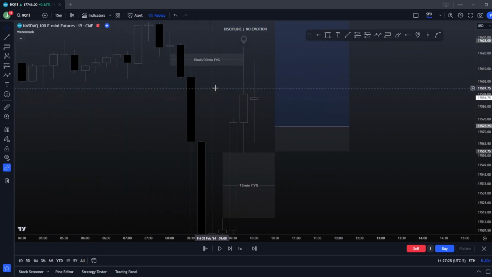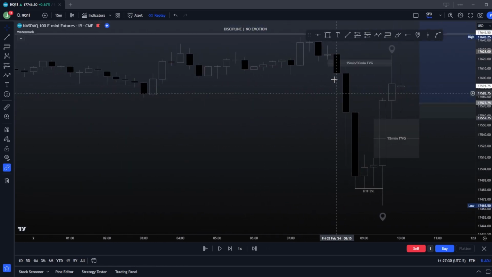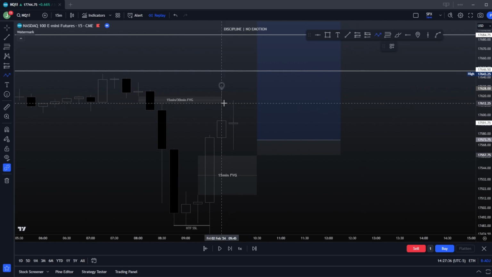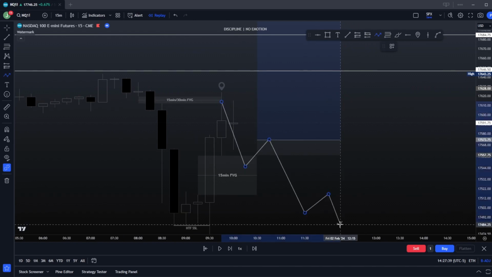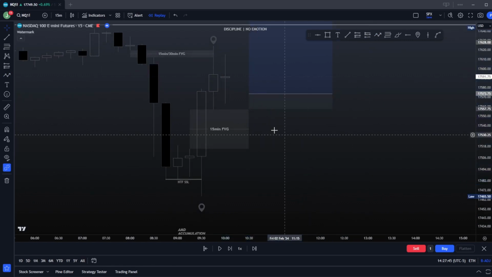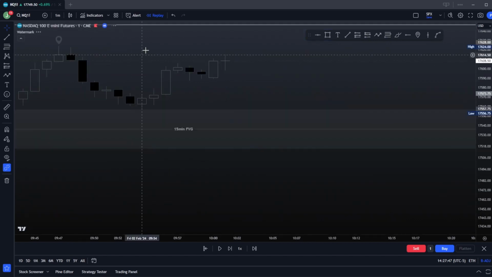Now, we had a higher time frame market structure shift. So overall, if we respect it, there's great potential that we can see downside. So we just have to be cautious, very cautious.